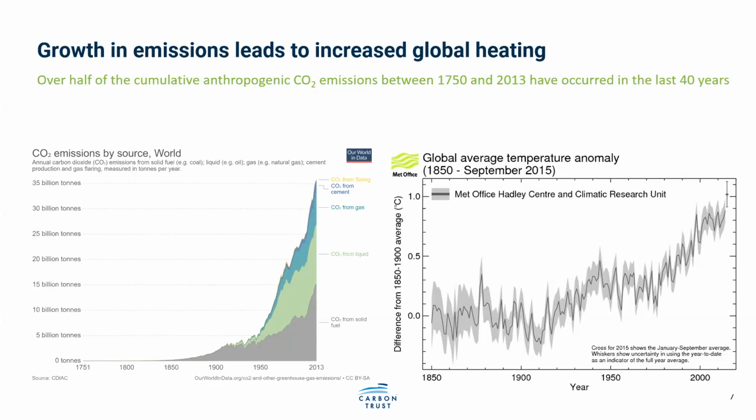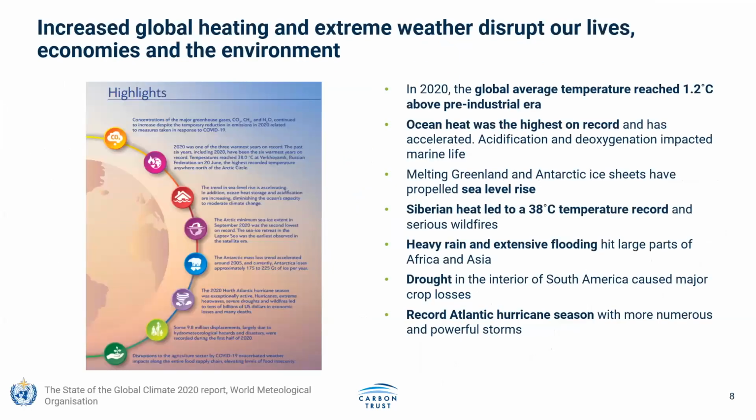And why is that a big problem? Well, you hardly need to ask too far, because it's already on our news today. The very significant impact that the increased heat in our atmosphere is having on extreme weather, disrupting our lives, our economies, insurance payouts, the environment generally.